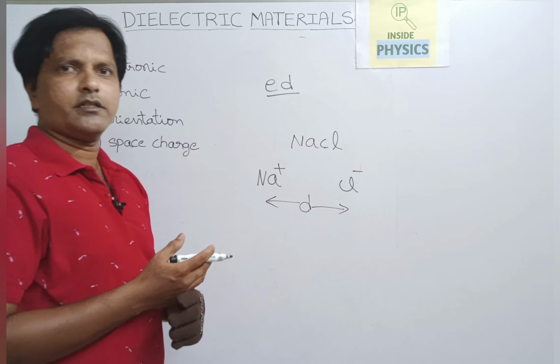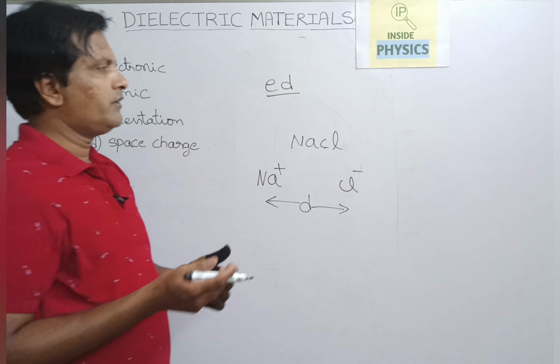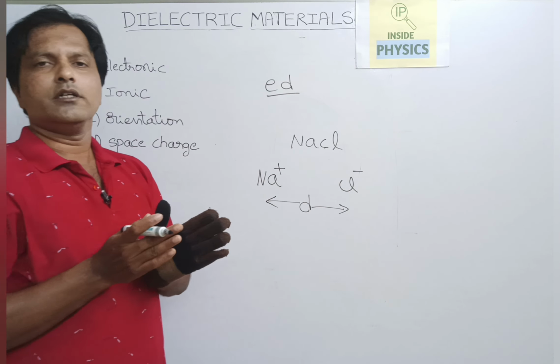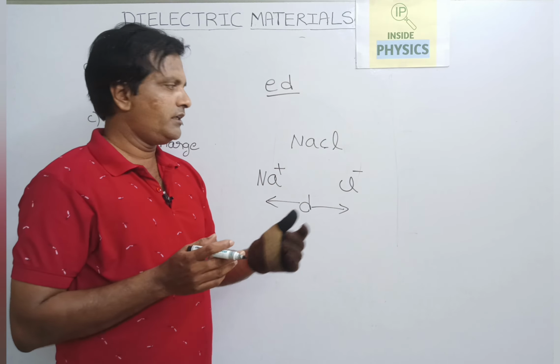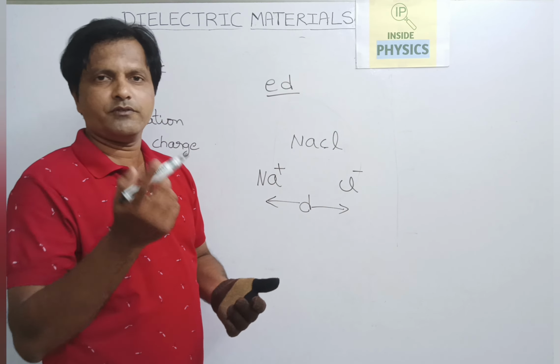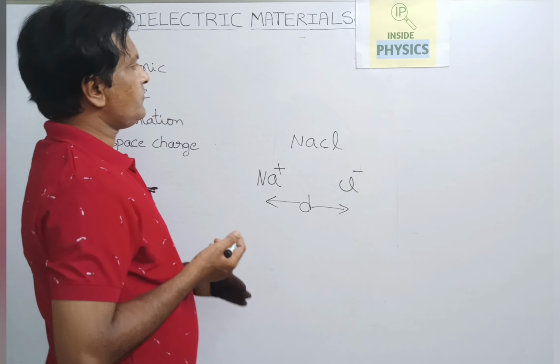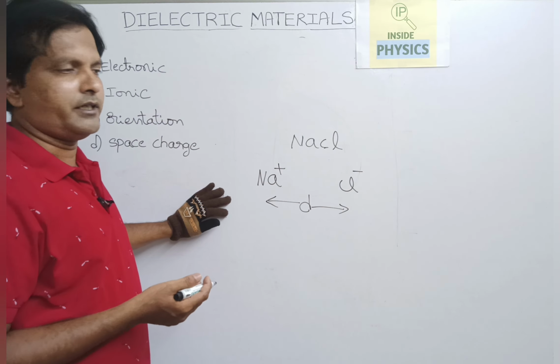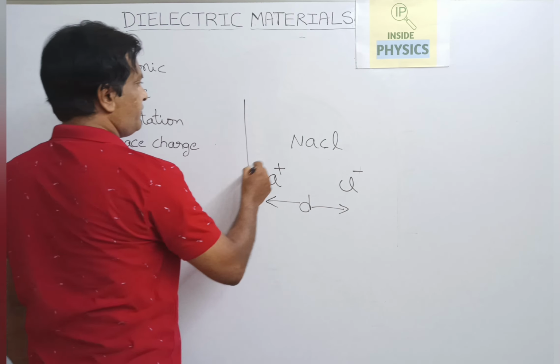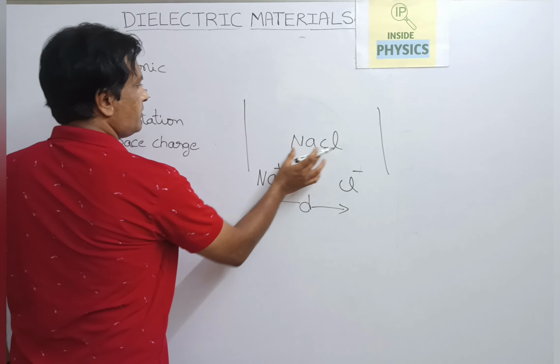We all know the dipole moment formula: the distance between the two opposite charges multiplied by one of the charges. And here is the induced dipole moment after applying an electric field to the crystal.